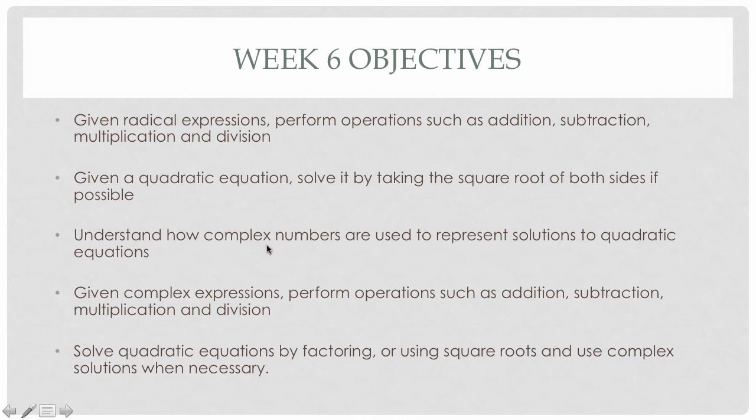We have real solutions and complex solutions now. If I give you complex expressions, we now know how to add, subtract, multiply, and divide with complex numbers and what they are. And we can solve quadratic equations by either factoring, which we did a lot last week, or using square roots that you did this week, and recognizing when we need complex solutions.